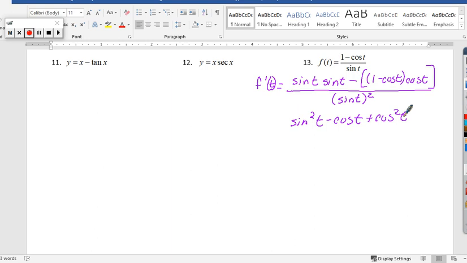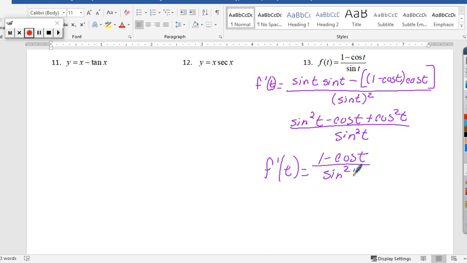So I was distributing the negative and the cosine t all at the same time, all over sine squared t. I do remember back from our trig, sine squared plus cosine squared is equal to 1. So our final answer here is going to be 1 minus cosine t all over sine squared t.